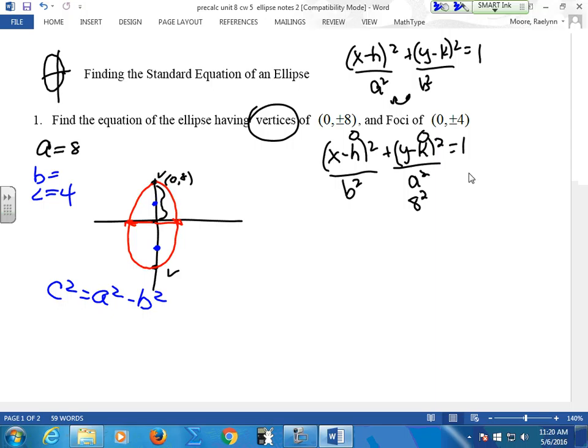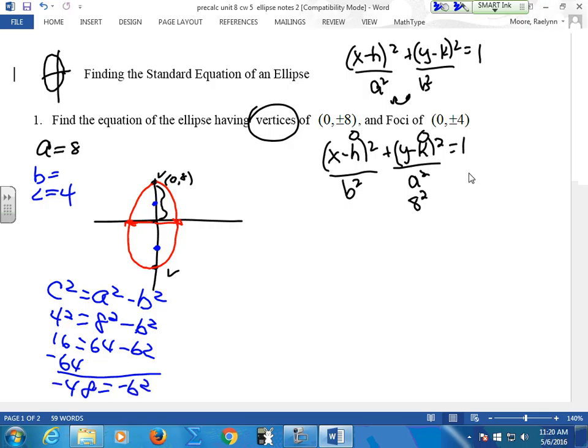So I take my c and I square it. I take my a and I square it. And I minus my b squared. So this gives me 16 equals 64 minus b squared. I subtract 64. -48 is equal to negative b squared. So what is b squared equal to?